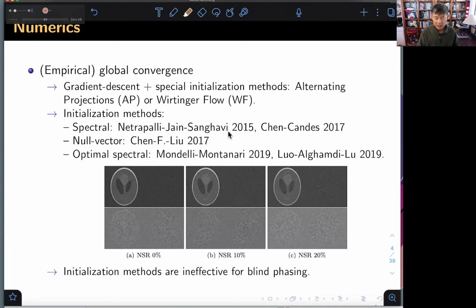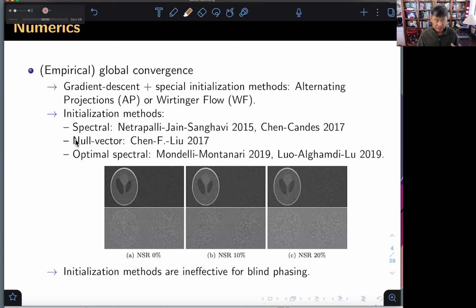It was invented by these guys, and it became an impetus to a lot of other initialization methods. It turns out initialization methods can work extremely well. For example, the null vector method that my colleagues and I came up with, and then the optimal spectral method from the Stanford group and the group at Harvard and colleagues.